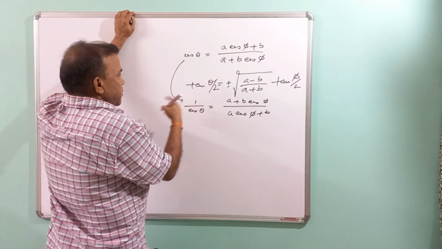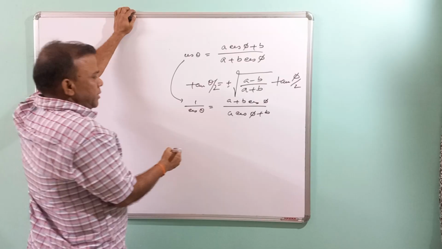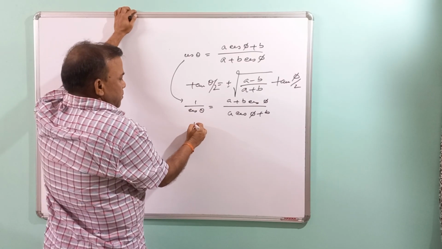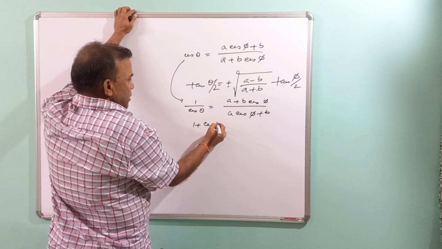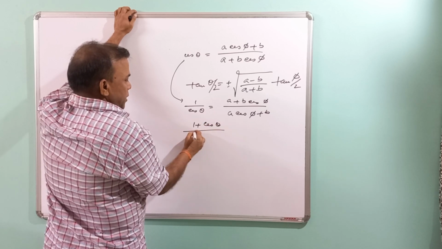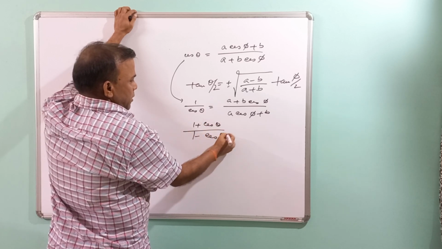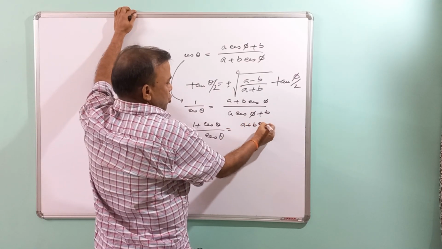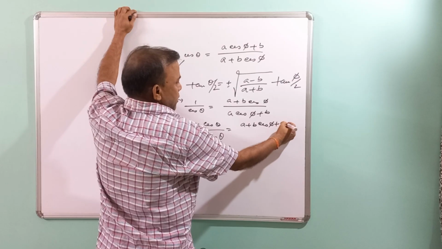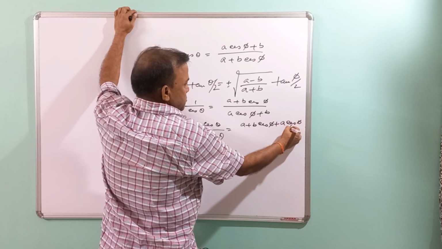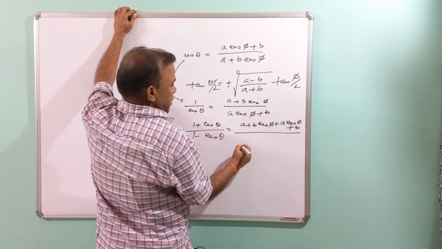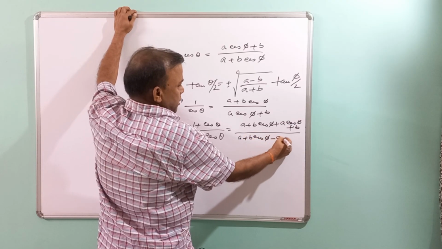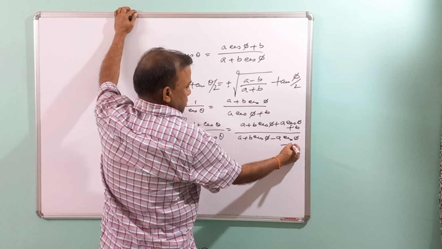Now applying componendo and dividendo: (1 plus cos theta) by (1 minus cos theta) equals (a plus b cos phi plus a cos phi plus b) divided by (a plus b cos phi minus a cos phi minus b). Okay.